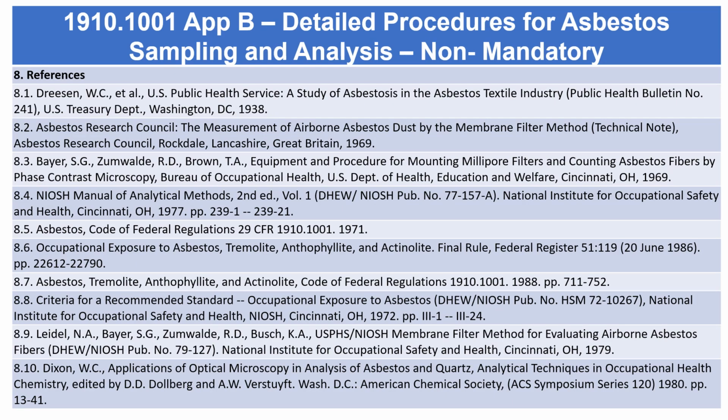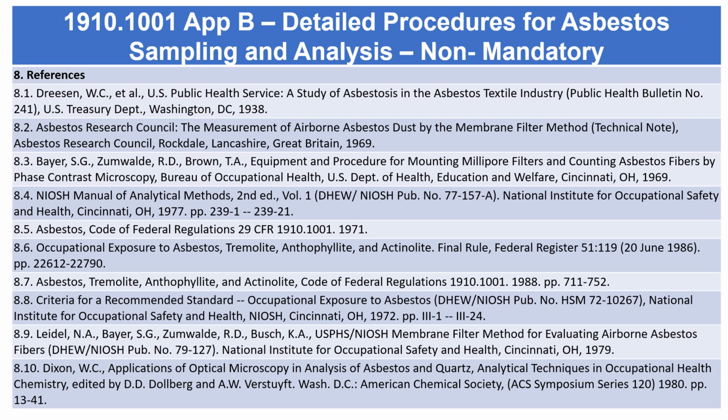8. References. 8.1. Dreesen, W. C. et al., U.S. Public Health Service, A Study of Asbestosis in the Asbestos Textile Industry, Public Health Bulletin No. 241, U.S. Treasury Department, Washington, D.C., 1938. 8.2. Asbestos Research Council, The Measurement of Airborne Asbestos Dust by the Membrane Filter Method. Technical Note, Asbestos Research Council, Rochdale, Lancashire, Great Britain, 1969. 8.3.